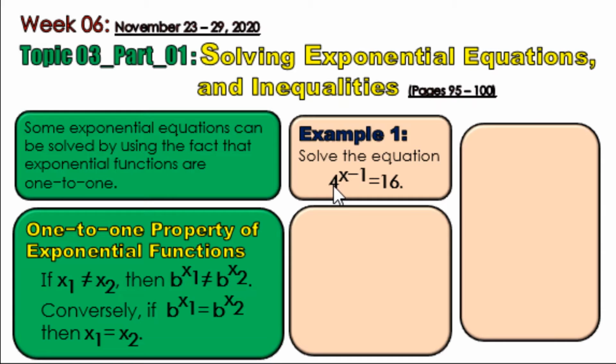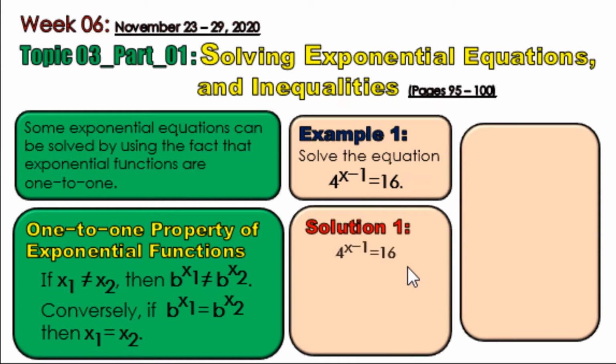We have the base 4, and on the other side we have 16. How do we make these bases equal? The first base is 4 and the other is 16. To make these bases equal, we can express 16 as 4 squared.